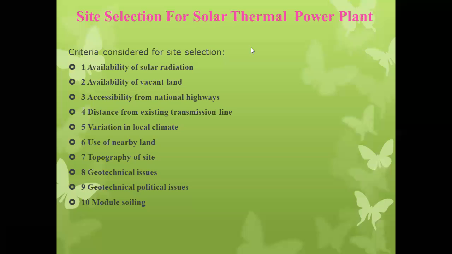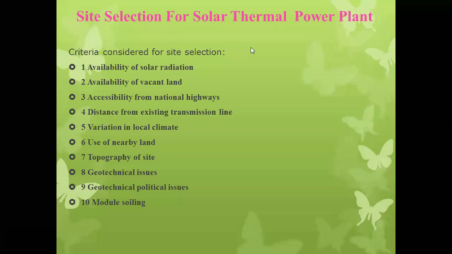Local climate means what? The climate of that place. Into that, what are the various parameters we have to consider?